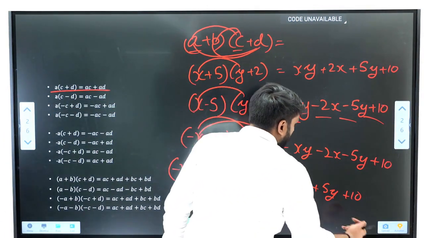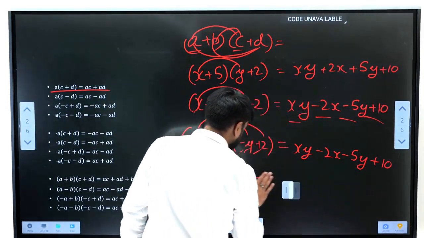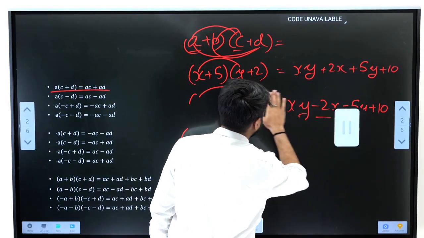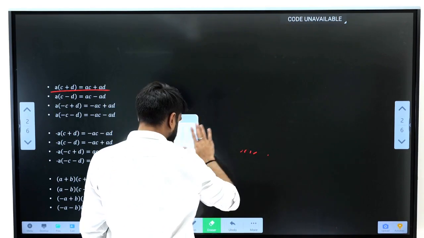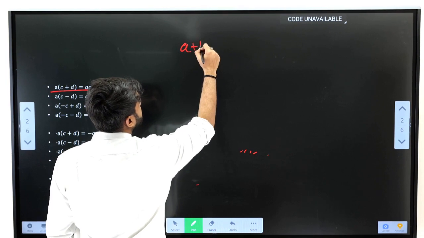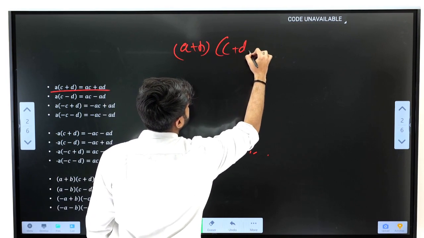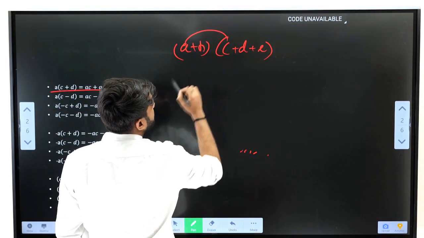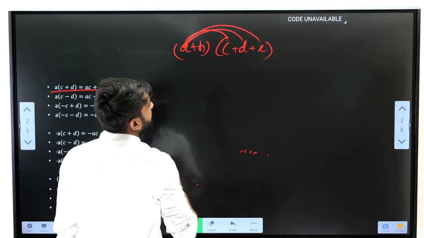Now, what if we had 3 digits in one of the brackets? Let's extend this example to where there were 3 digits in one of the brackets. Again, the simple rule remains the same, that whatever you have in the first bracket, let's say if it was a plus b in the first bracket, that is getting multiplied with another bracket, which is c plus d plus e. So again, a needs to be multiplied with c, then a needs to be multiplied with d, and then a needs to be multiplied with e.